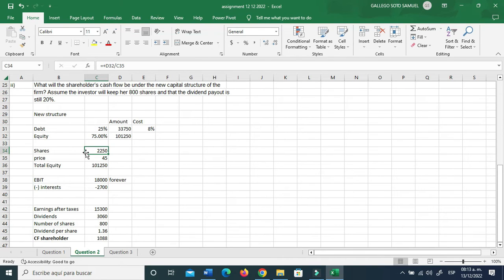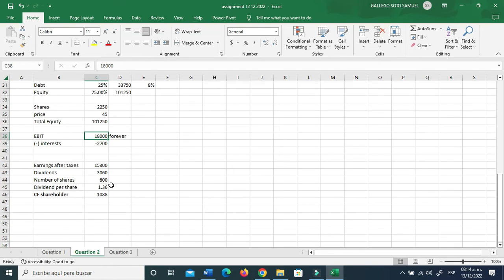So instead of having 3,000 shares, now you have 2,250 shares. And the price is still 45. There is no other indication that it should be changing, so I'm going to keep it at 45. So the total equity is going to be 101,250 pounds.